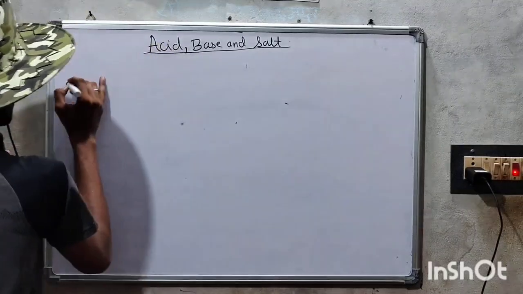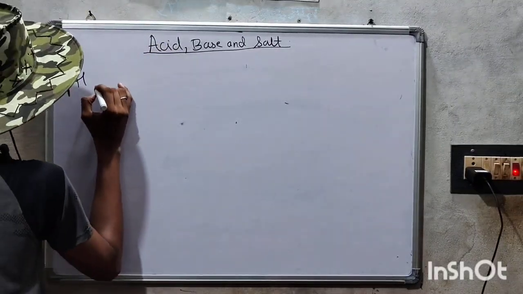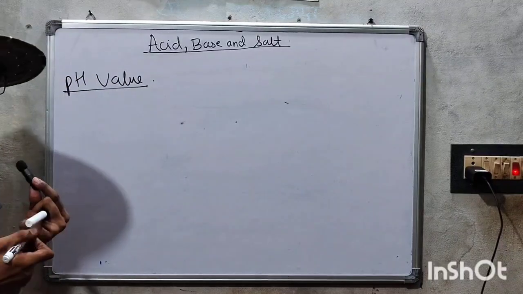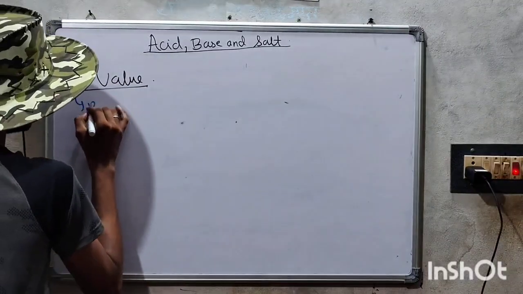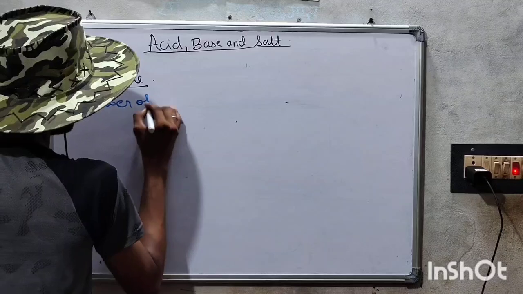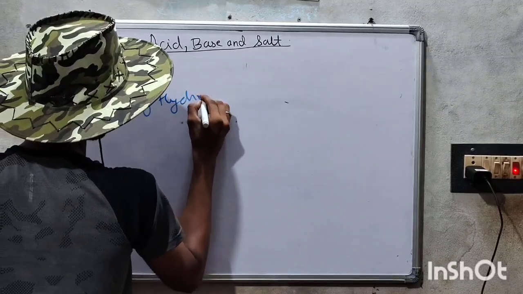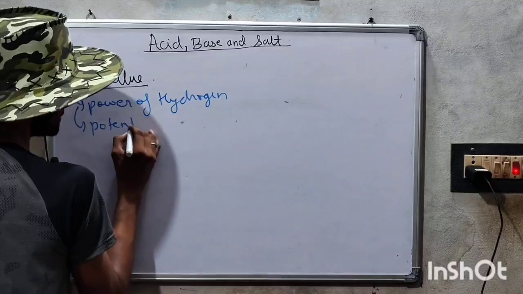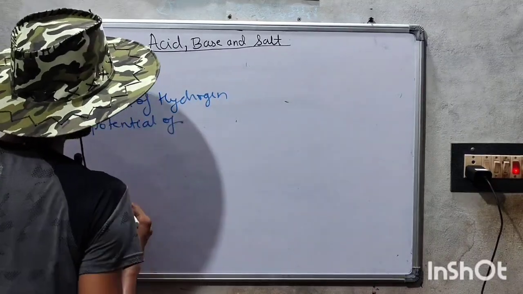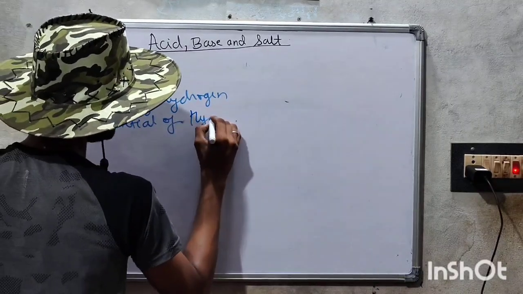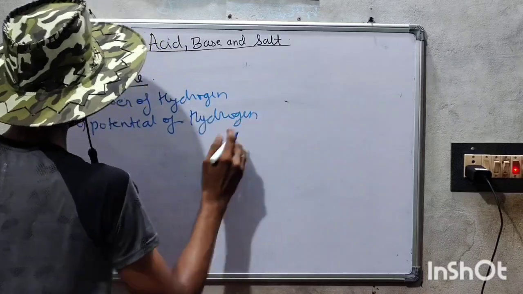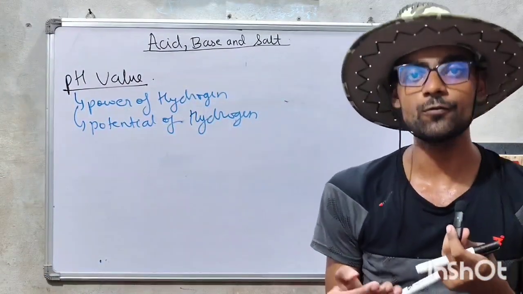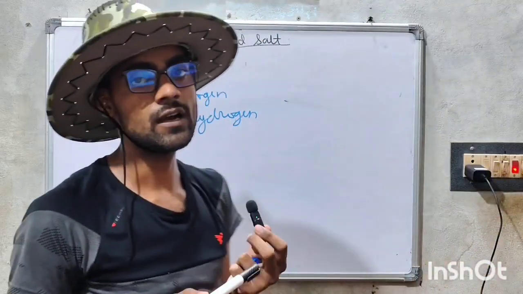pH scale. Now we are discussing the pH value, or we can say the pH scale. The full form of pH is power of hydrogen, or we can say potential of hydrogen. The full form of pH value is power of hydrogen or potential of hydrogen.